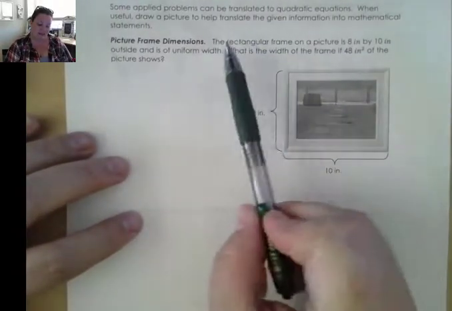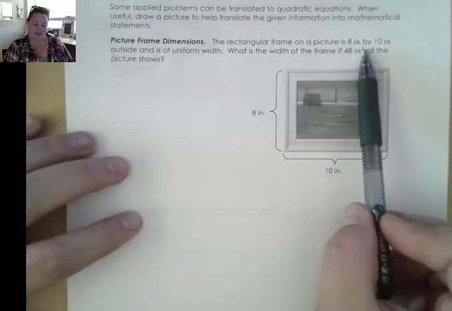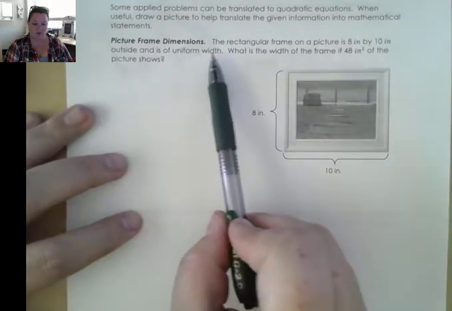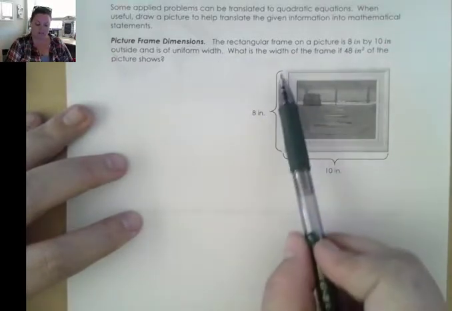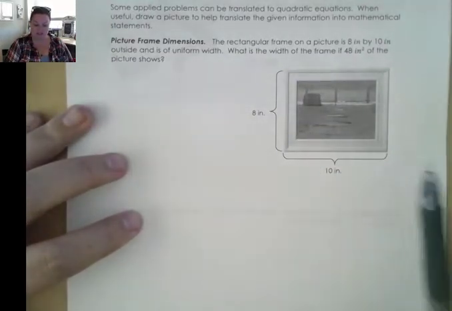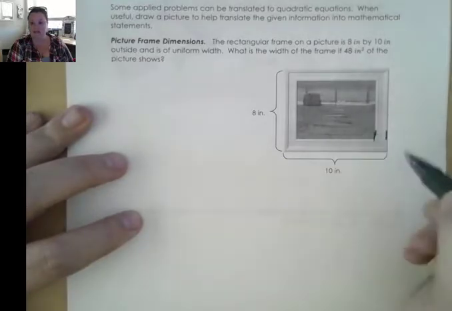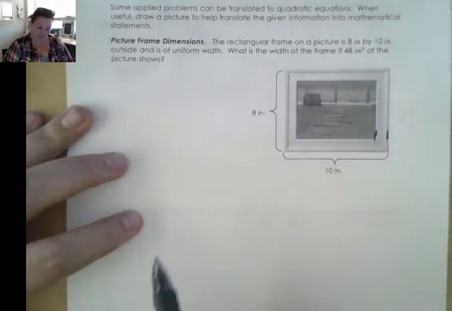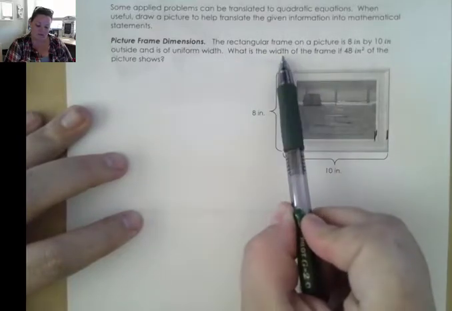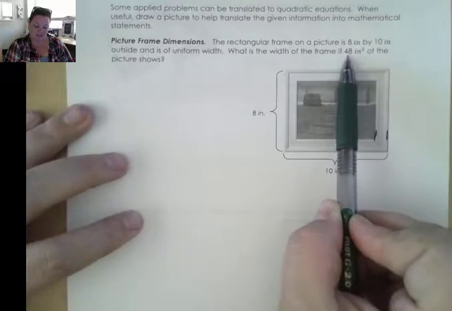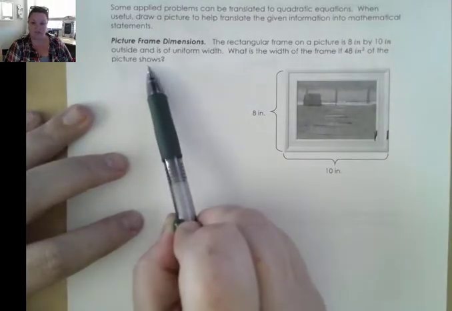It says the rectangular frame on a picture is 8 inches by 10 inches outside and is of uniform width. So you can see here it's labeled 8 inches by 10 inches, and what they're saying is the width of the frame is the same all the way around, right? All right, what is the width of the frame if 48 inches squared of the picture shows?